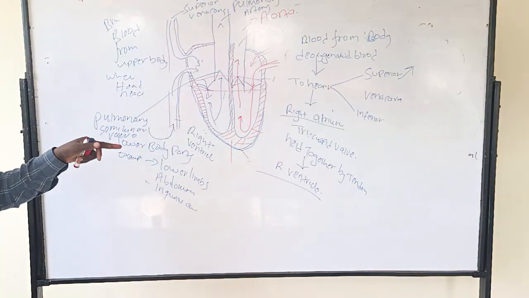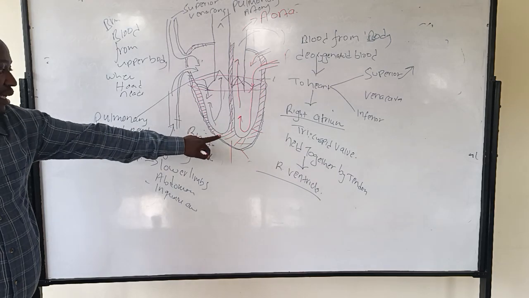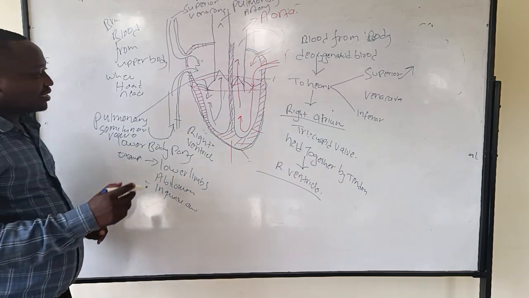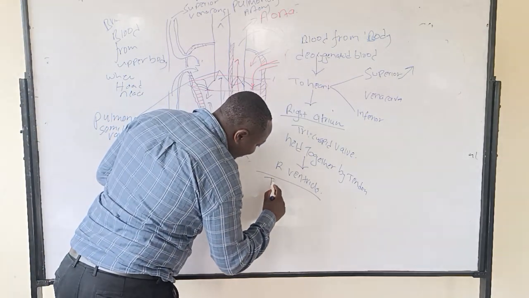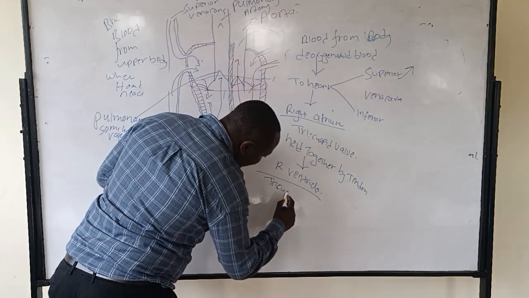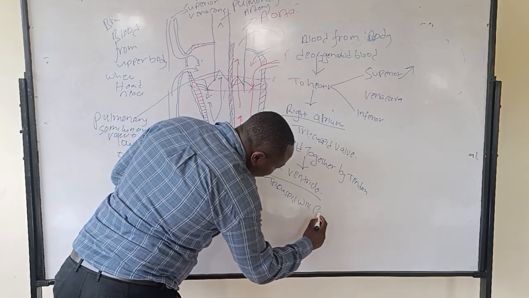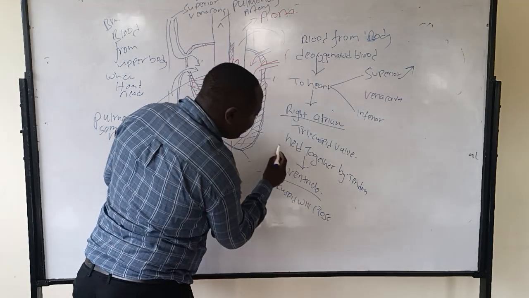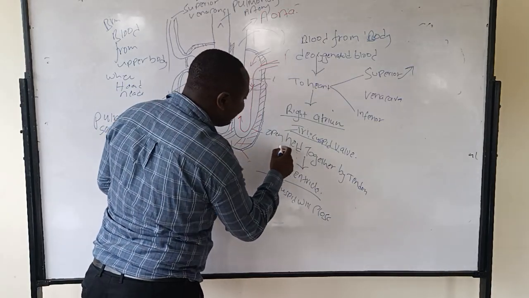Then, once the depolarization happens again in the ventricle, the tricuspid valve is going to close. Remember here, it's opened to allow blood to flow to the ventricle.